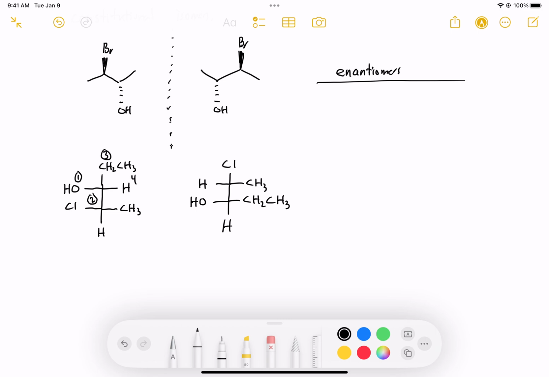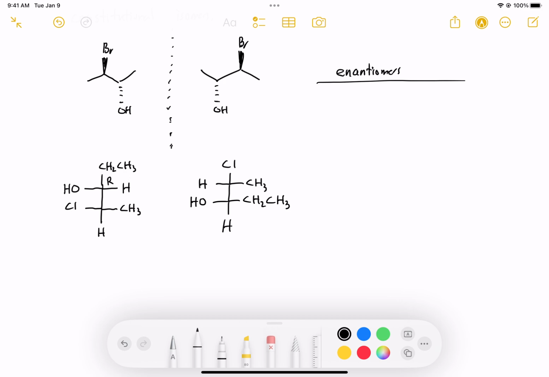All right. So hydrogen is on, remember, the horizontal is the wedge, so it looks like it's 1, 2, 3. It looks like it's S, but hydrogen's on the wrong position, so it's R. So let's label this R. All right, let's do the second stereocenter now.